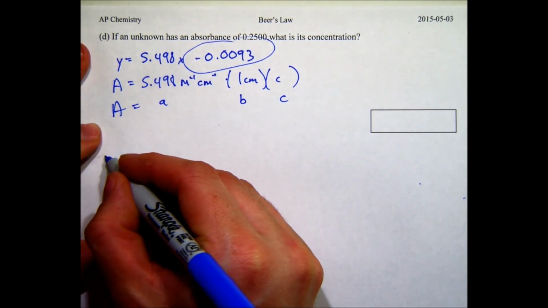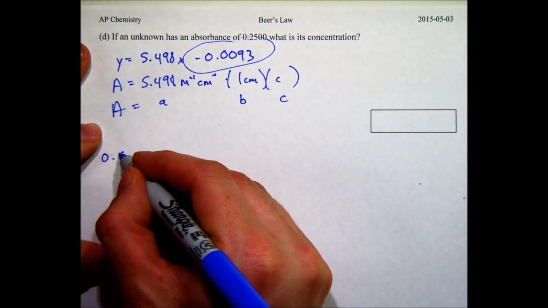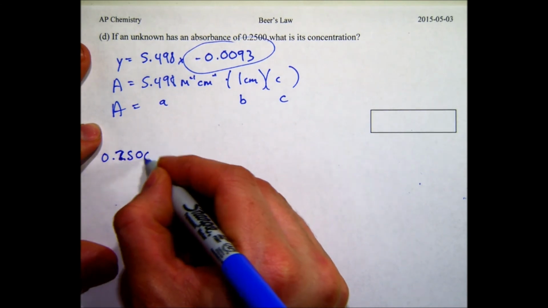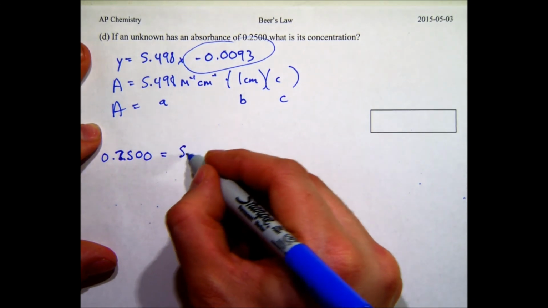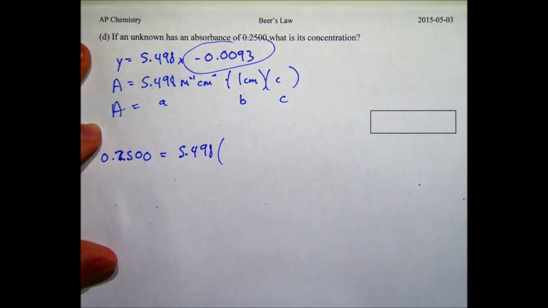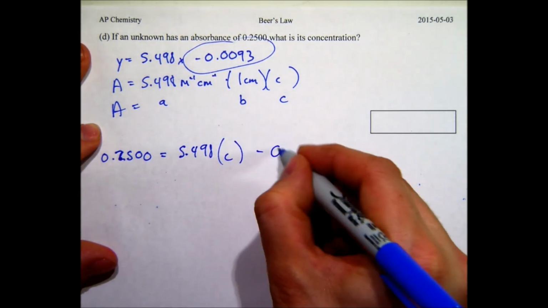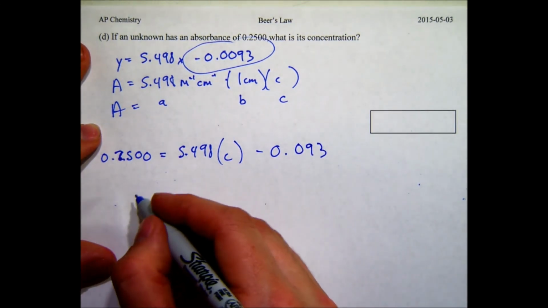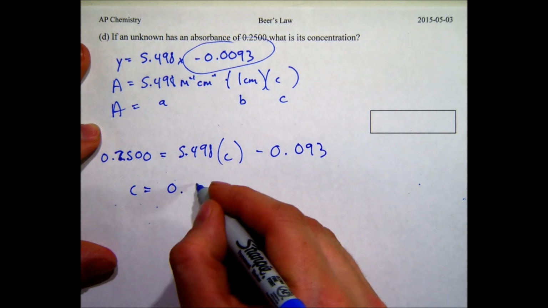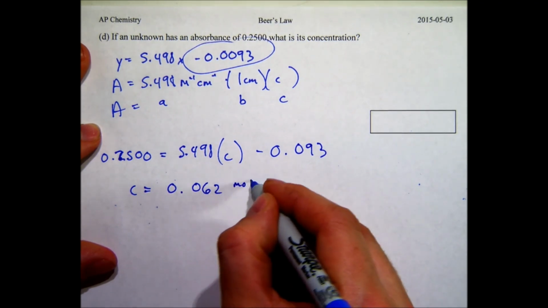So I have 0.2500 equals 5.498 concentration minus 0.093. Just rearranging and solving for C. C equals 0.062 moles per liter.